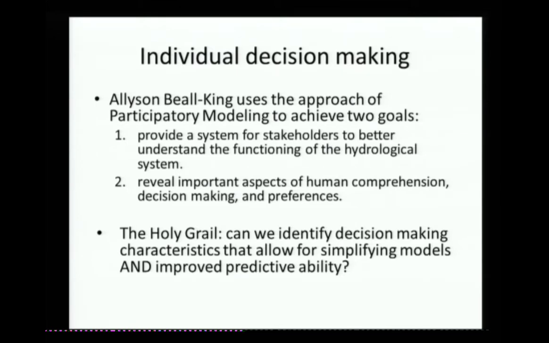The real holy grail as we try to develop these more complicated integrated modeling frameworks is, can we identify decision-making characteristics that allow for simplifying models and improved predictive ability? We could develop some really rich, somewhat complex models previously, but as I mentioned, once you put them in an integrated framework, that becomes more and more costly.